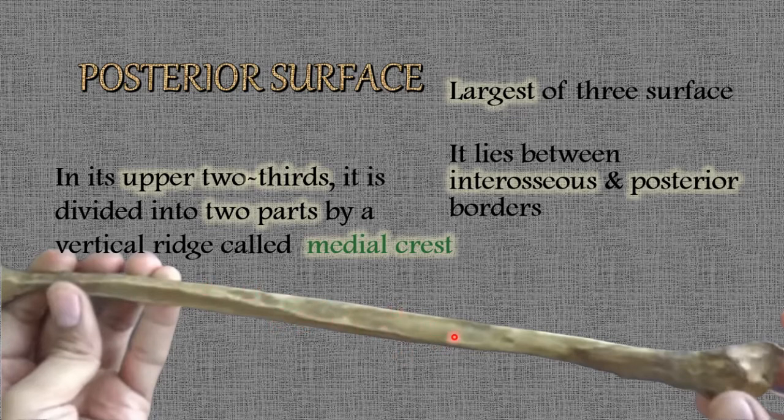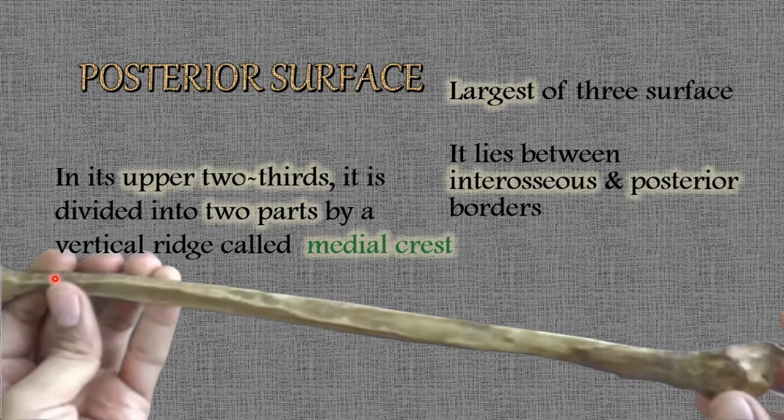This whole is the posterior surface in its upper two-thirds. Now these are its upper two-thirds, from here till here. It is divided into two parts by a vertical ridge called the medial crest. Now this is the medial crest. You must be thinking this is the posterior surface, why is another border present in the middle of this?